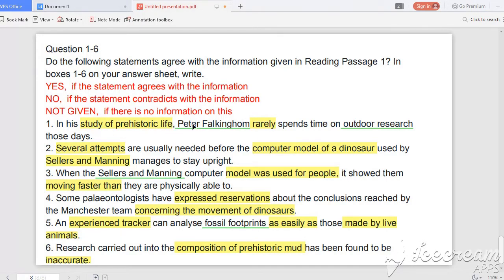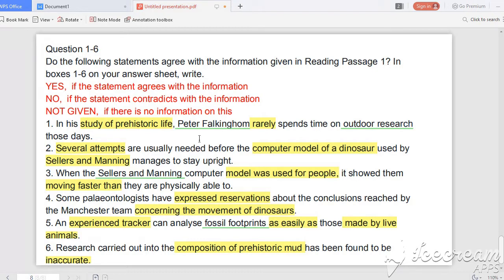Then Peter Flanking Home is also a keyword and is very important because it helps us to find the location of the answer very easily. It's a noun, the name of a person, and there's no other way to write Peter Flanking Home.